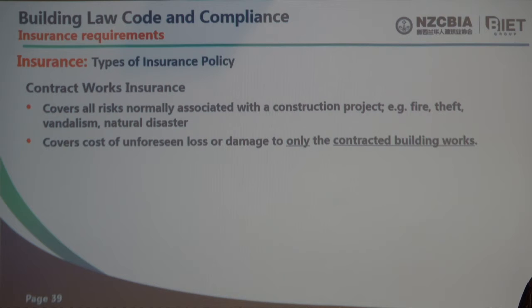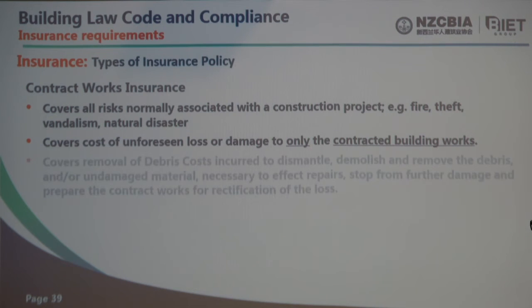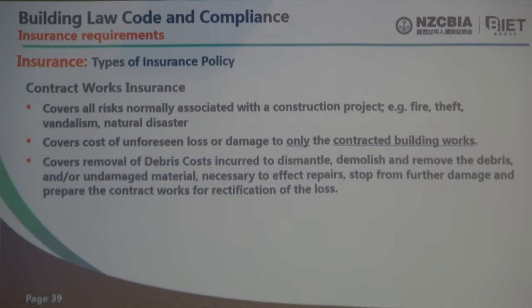That's what I've just said. It doesn't cover the other side of the house, only the side that you're working on, the contracted work. It covers removal of debris, okay, so demolition, dismantle, demolish, remove debris, undamaged material necessary to effect repairs, stop further damage. So it covers making good.